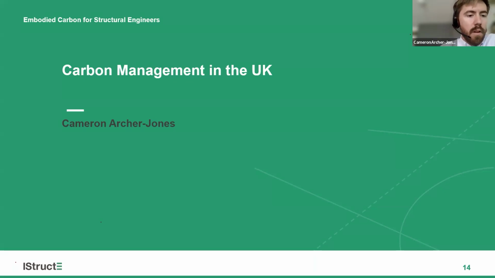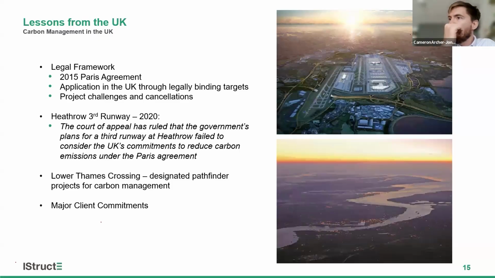The first slide I've got here is setting that context in a bit more detail. Similar to what Lucy introduced, the UK has a target to get to net zero by 2050. But I think there are some slight differences that have led to a different speed of implementation, and a different consequence of failure if projects get it wrong in the UK.